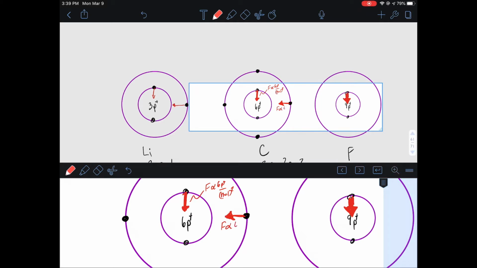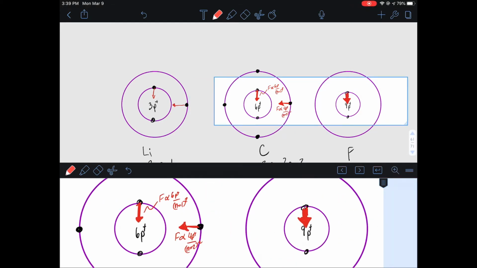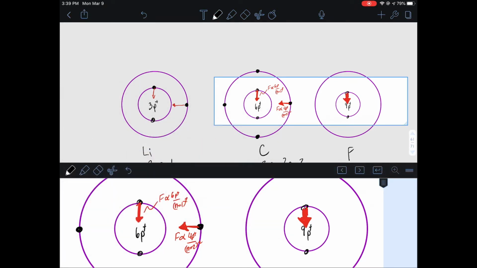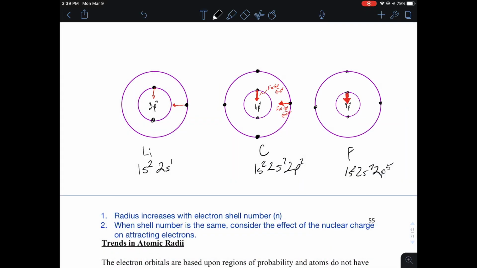And then this electron here is getting only 4 protons, but divided by n equals 2 squared for our radius. And then we're going to put another electron here and an electron here. This is fluorine, so we still have 7 electrons to go.